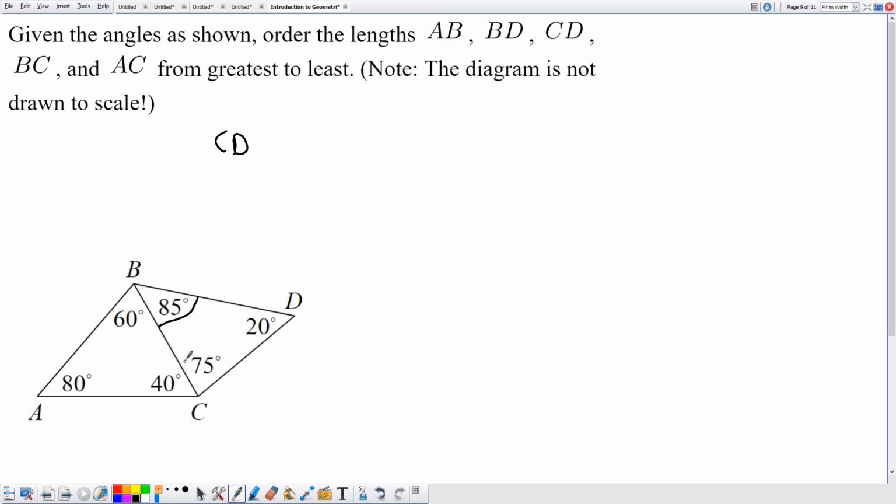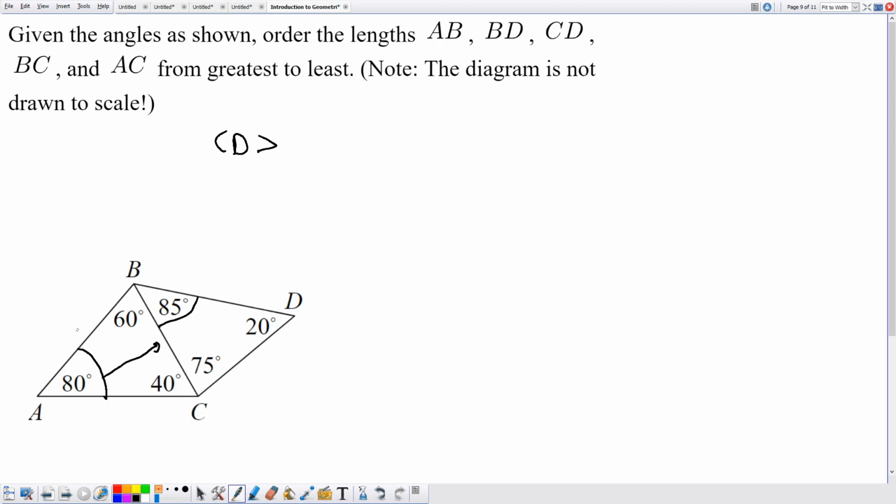Therefore, CD is strictly greater than which other side? Which would be the next largest side? Well, let's look at the next largest angle. This angle at A is 80 degrees, and the side opposite to that is BC.